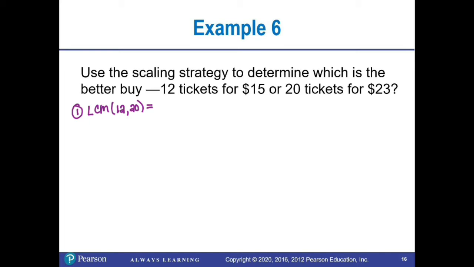One easy way to find the LCM is to start with your bigger number, which is 20. 12 does not divide 20, so 20 is not the LCM. The next multiple of 20 is 40. 12 does not divide 40, so 40 is not the LCM. The next multiple of 20 is 60, and 12 divides 60. Since both 12 and 20 divide 60, 60 is the LCM.